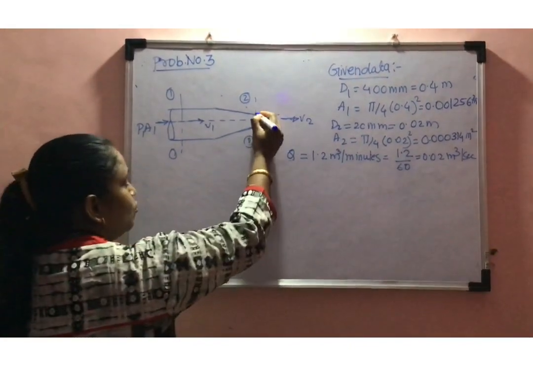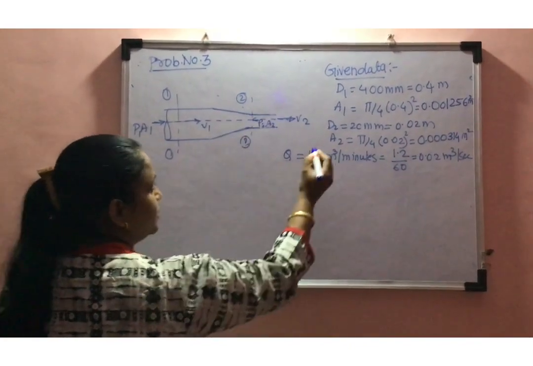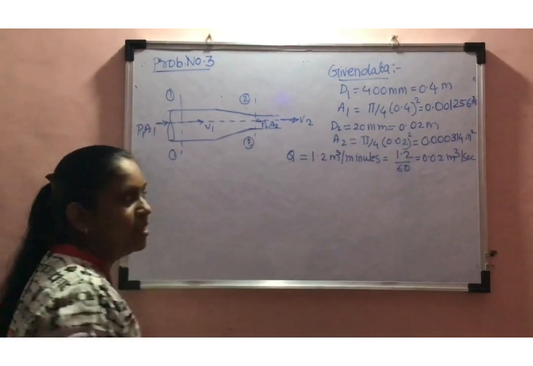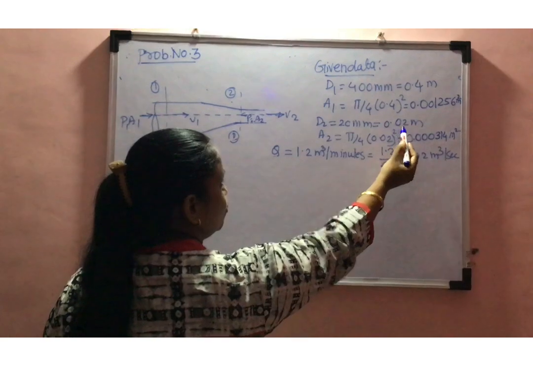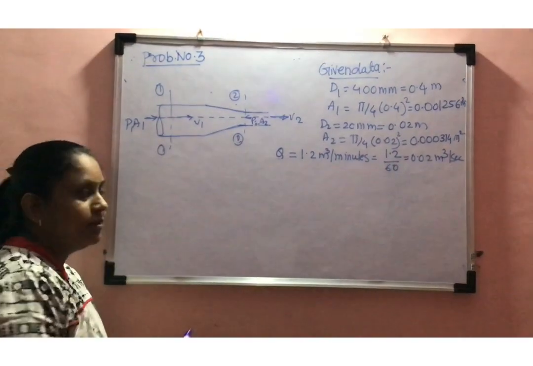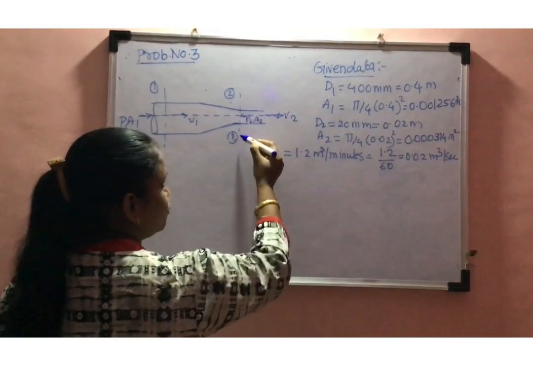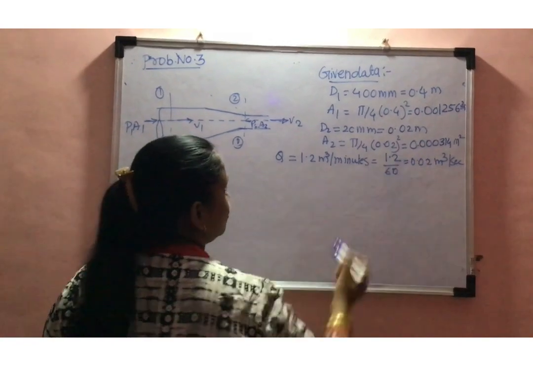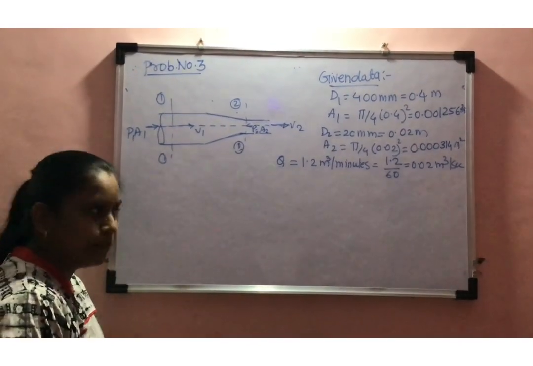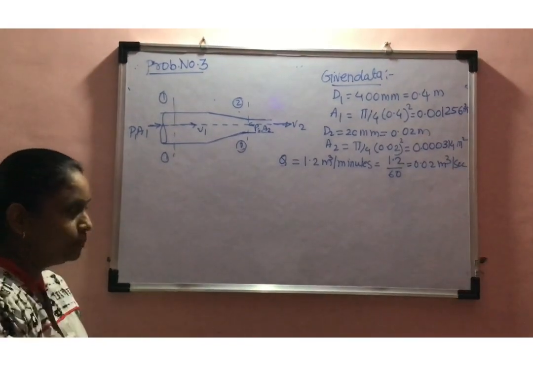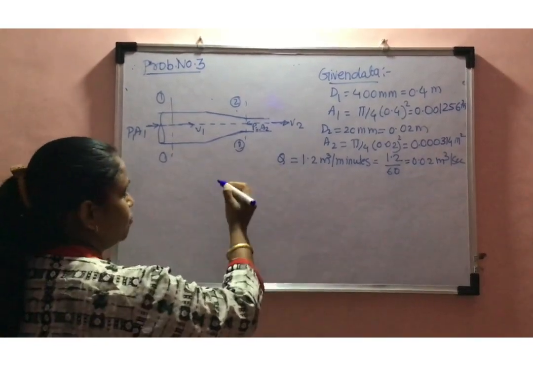Then the nozzle diameter is given as 20 millimeter. After converting, this is 0.02 meter, and the area of this nozzle becomes 0.000314 meters square.